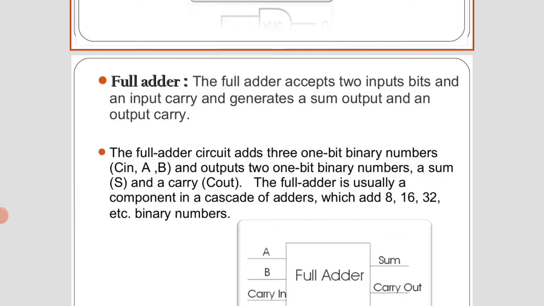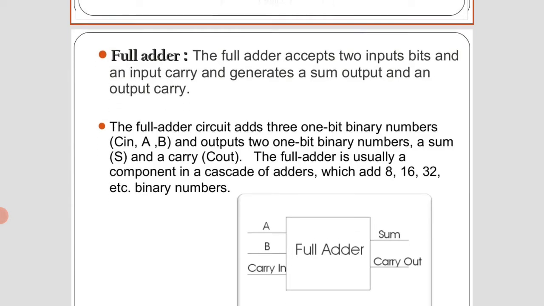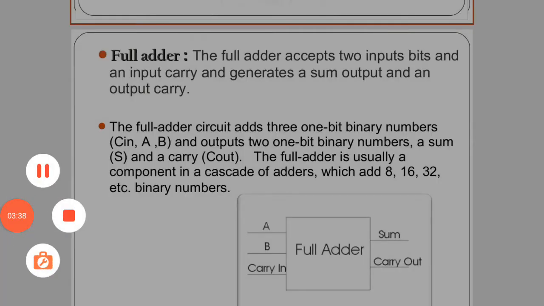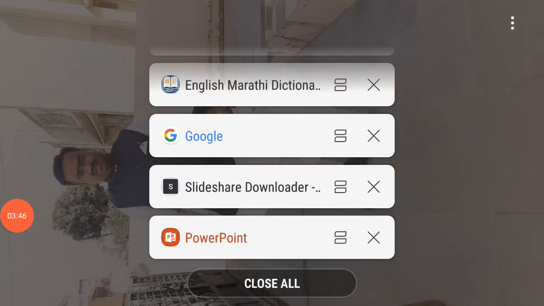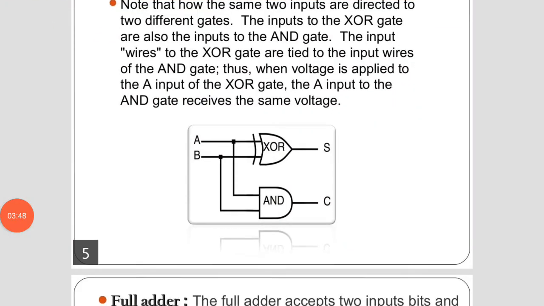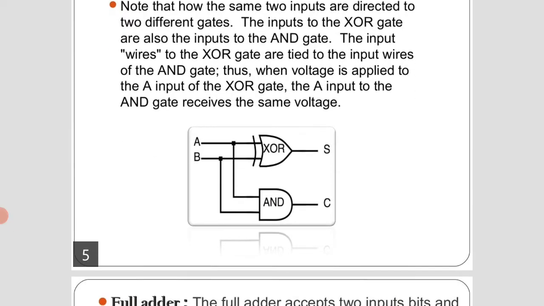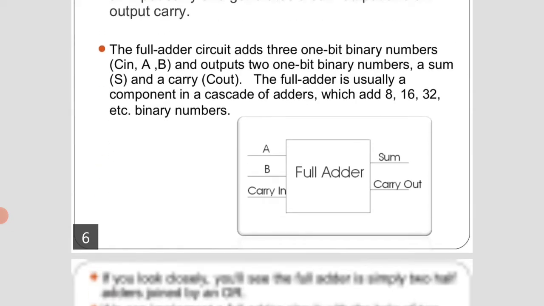First, we saw the half adder. After that, the second type of adder is the full adder. The full adder accepts two input bits and an input carry and generates a sum output and an output carry. The full adder circuit adds three one-bit binary numbers, C in, A and B, and the outputs are two one-bit binary numbers, a sum S and carry C out.